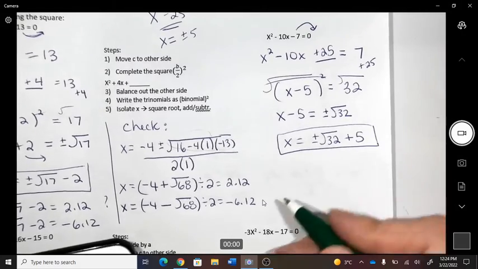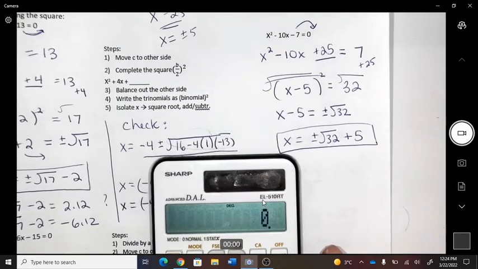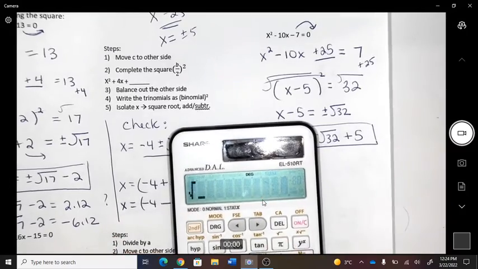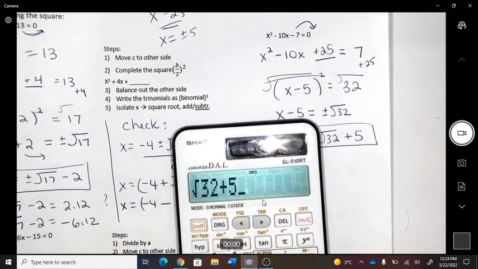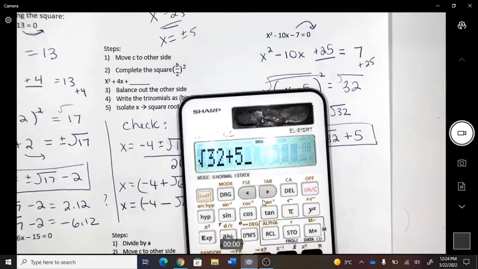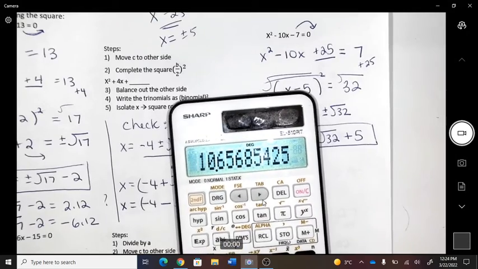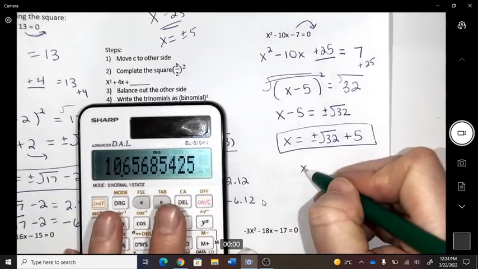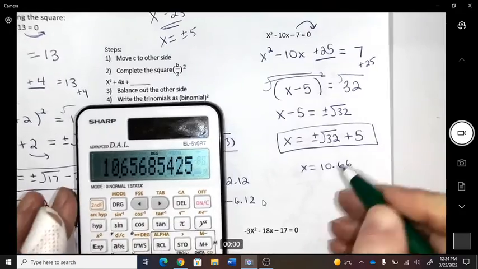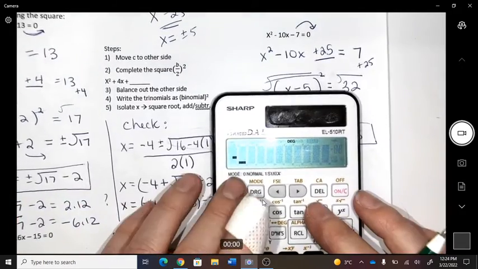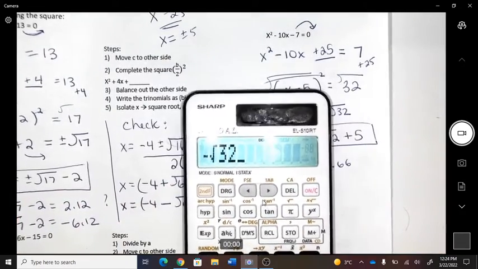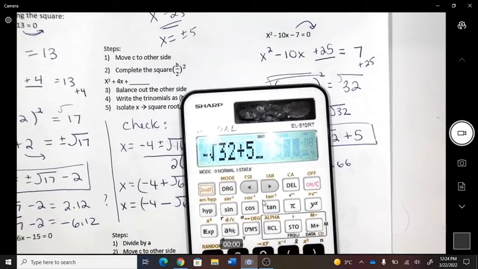If I was to do this as a sketch, root 32 plus 5 is 10.66, and negative root 32 plus 5 is negative 0.66.